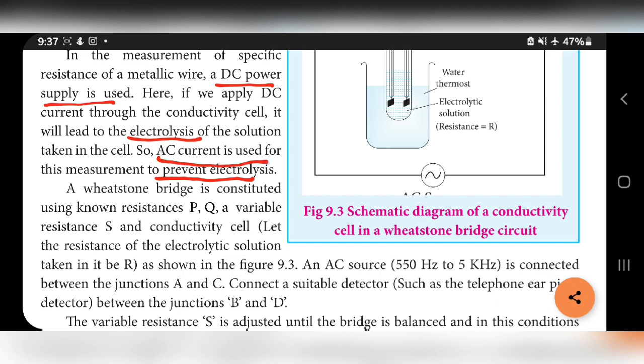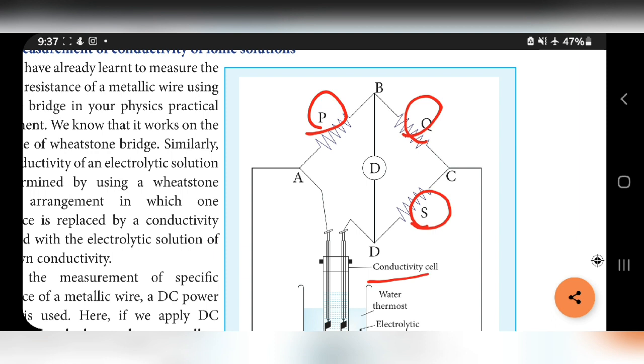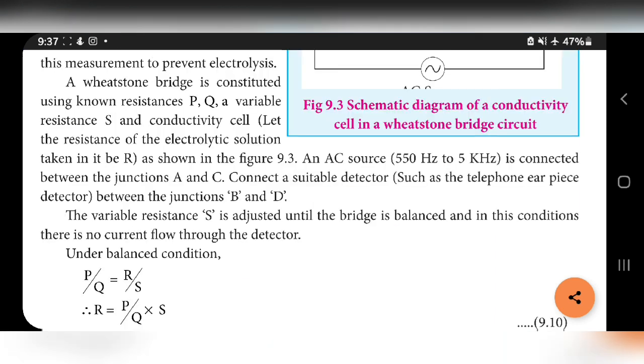A Wheatstone bridge is constituted using known resistances P and Q, a variable resistance S, and the conductivity cell.